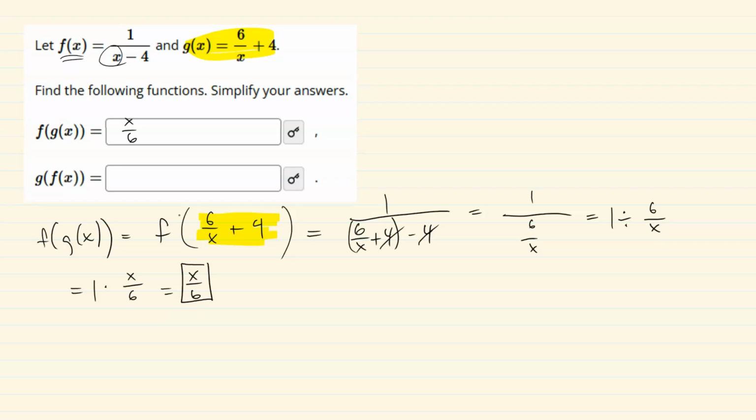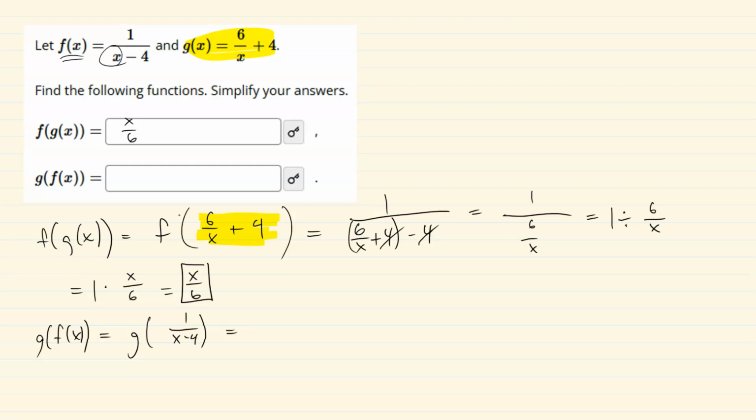All right, now we can't do anything else with that. Let's move on to g of f of x. For g of f of x, we're plugging the f function into g, the other way around now. So now we're plugging f, which is 1 over x minus 4, into the function g.